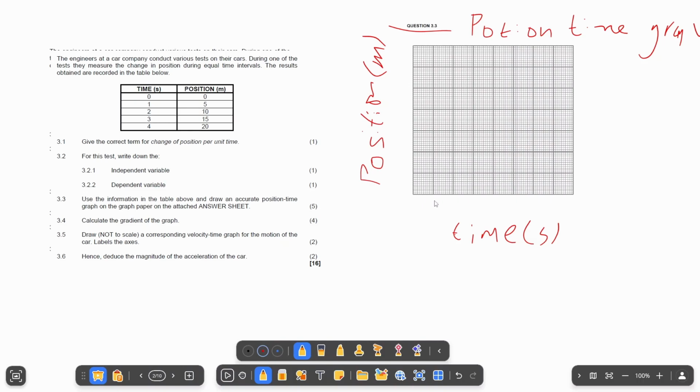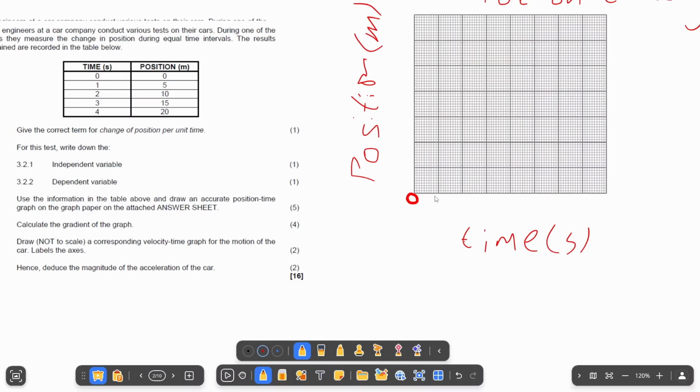This one will be 0, I will have 1 here, 2 there, 3, and then 4.